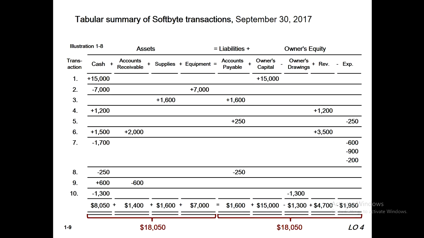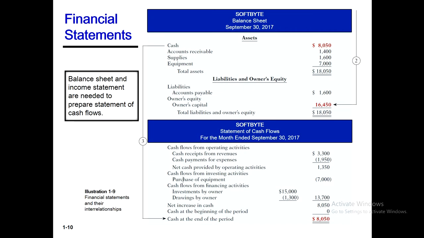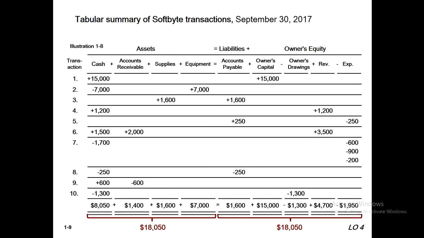Now a statement of cash flows. You know, the balance sheet and income statement are needed to prepare a statement of cash flows. Thus, in our cash flows we have 3 activities: operating activities, investing activities, and financing activities. So cash receipts from revenues 3300. We can check these figures.